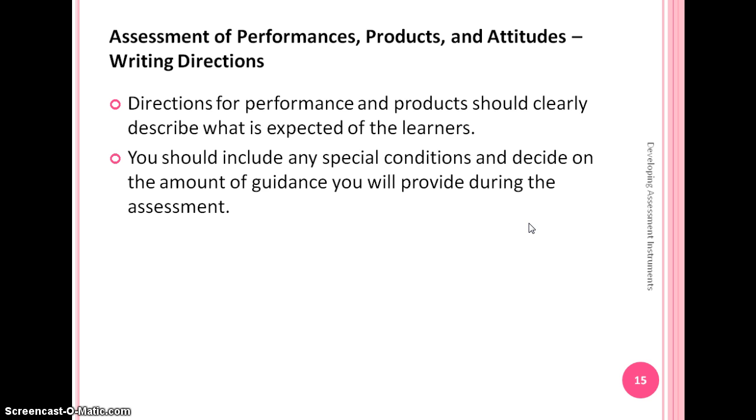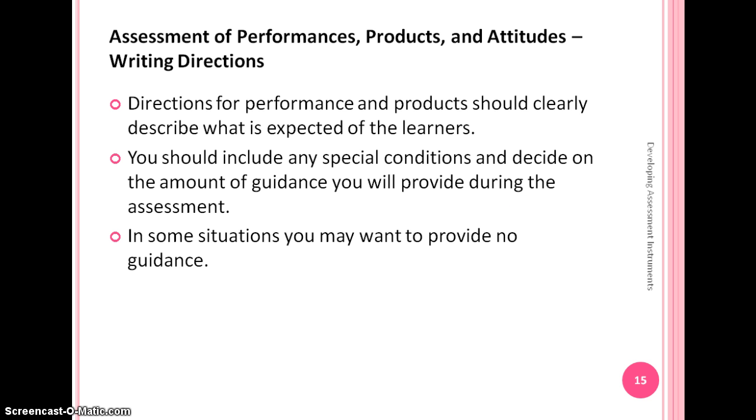Okay, so you should include any special conditions. So yes, if they have to buy stuff from hardware stores, you have to put that in as well. In some situations you may want to provide no guidance, so it depends. Like for example, dribbling a basketball on the basketball court, you don't have to come up with a handout. Even though you do have to come up with a checklist to observe whether the students can dribble the basketball on the basketball court.